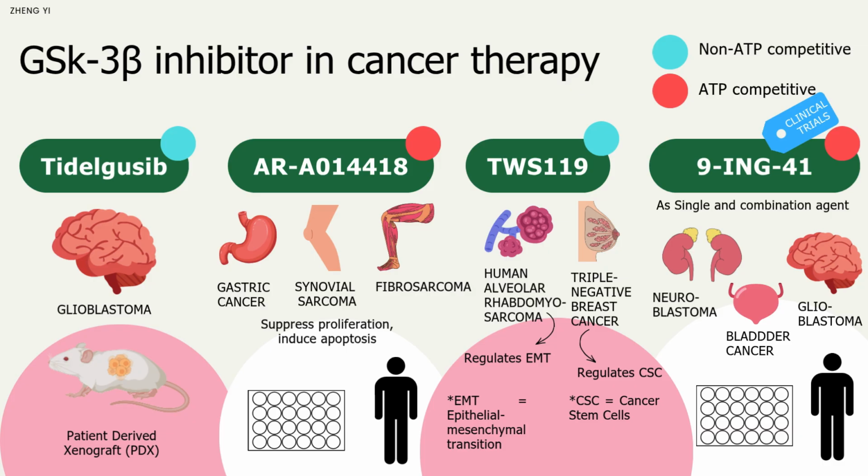Secondly, we have AR-A014418, an ATP competitive GSK-3 beta inhibitor, which has shown efficacy in treatments of gastric cancer, synovial sarcoma, and fibrosarcoma. It functions by suppressing the proliferation of cancer cells and inducing apoptosis.